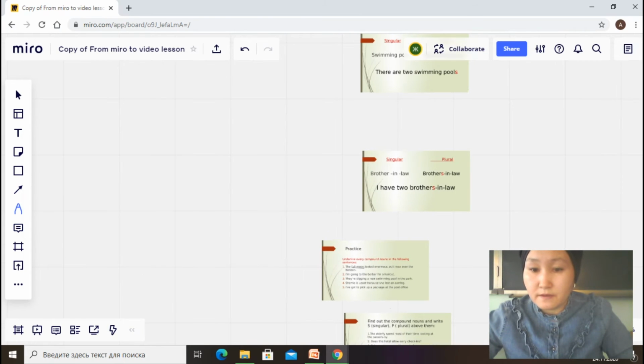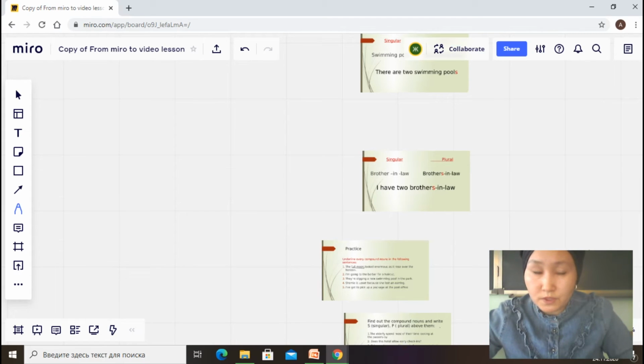So, let's have a practice for activity number 2. Let's look at the examples. We should take an example of another practice.